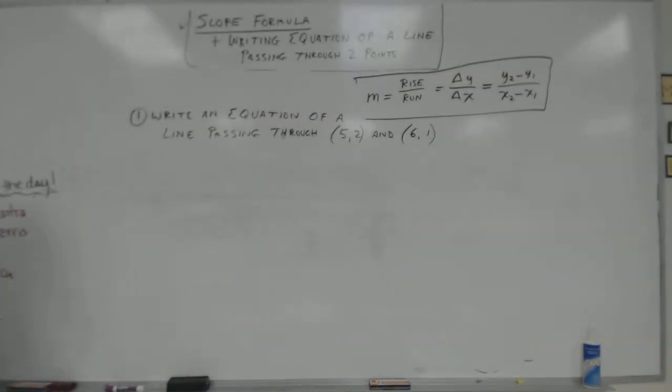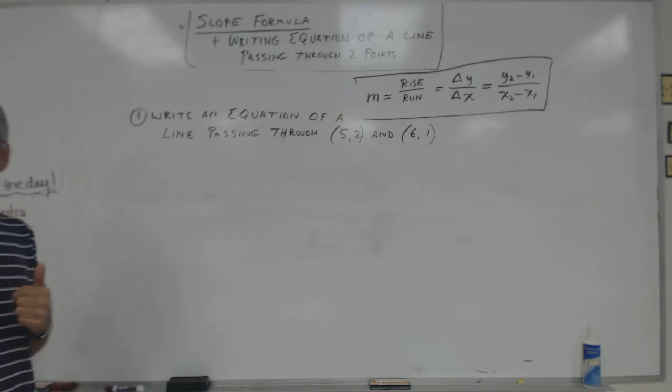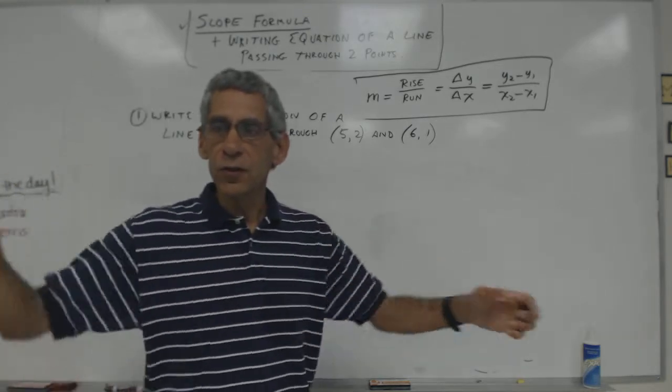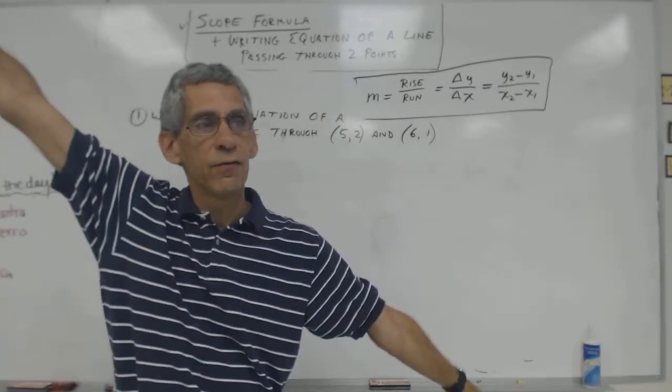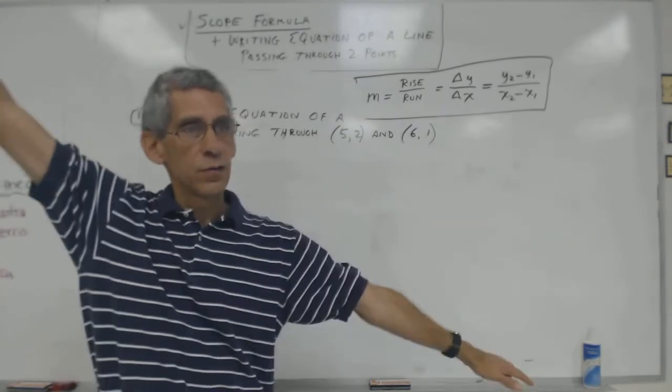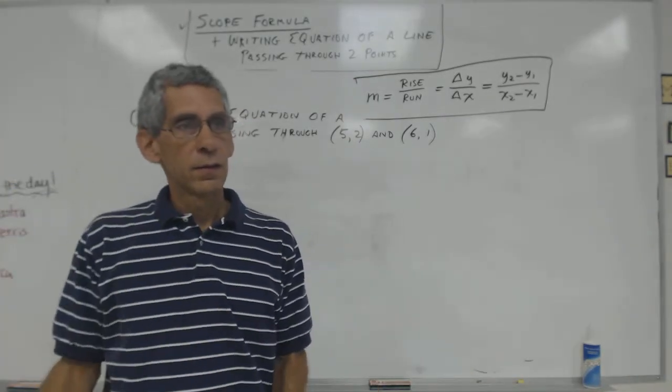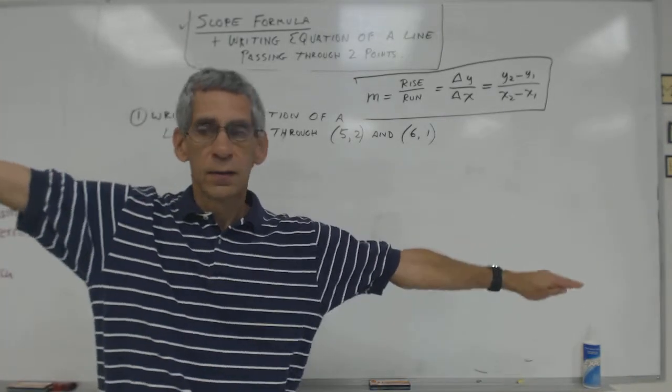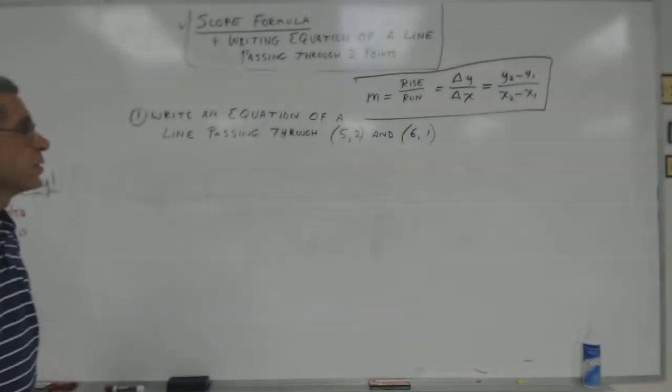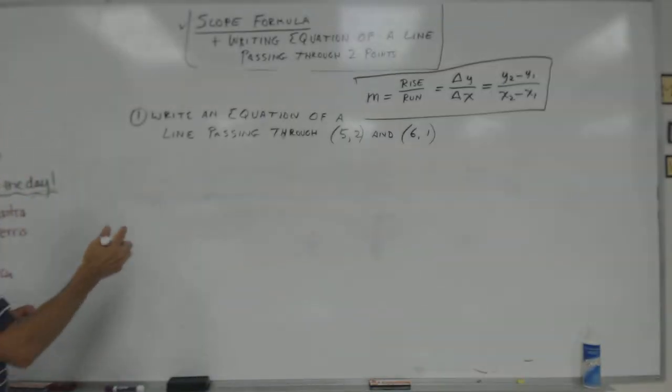Okay? So I need, what do I need first? To write an equation of a line, I have to have its what? Its slope. I have to know its slope. So I know I've got to find the slope.